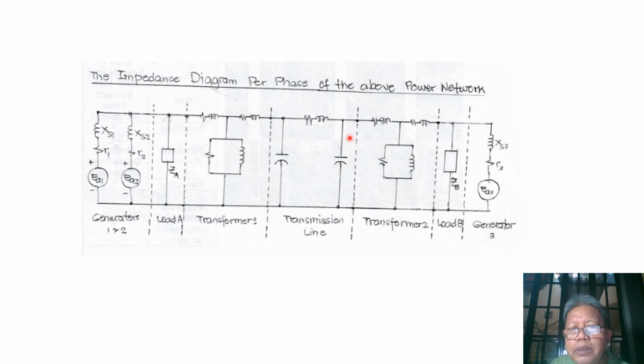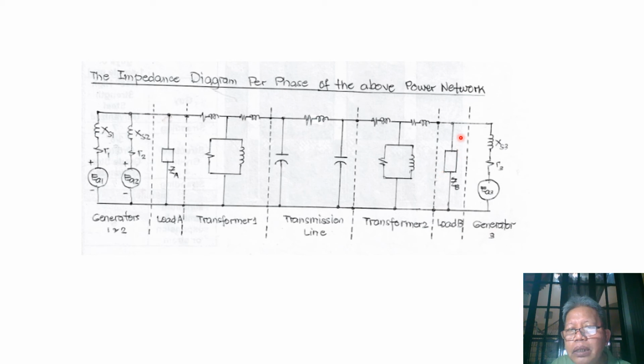Now, after the transmission line, we have the second transformer, which has an equivalent circuit represented by this, and then we also have a magnetizing circuit to represent our transformer 2. And then to the terminals of our transformer 2 at the low voltage side, we connect the second load, ZB. Again, through this impedance, current flows and power is delivered to this load.